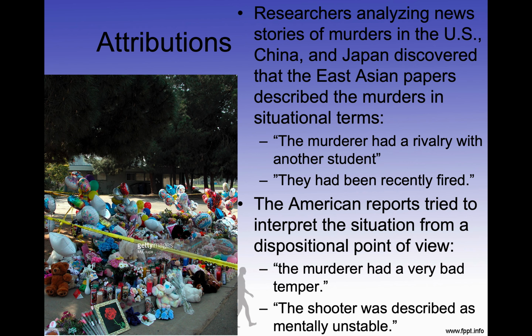And of course, we see this with mass shootings. We try to come up with a psychological reason as to why this individual has done what they did. A good example is the shooter in Las Vegas.